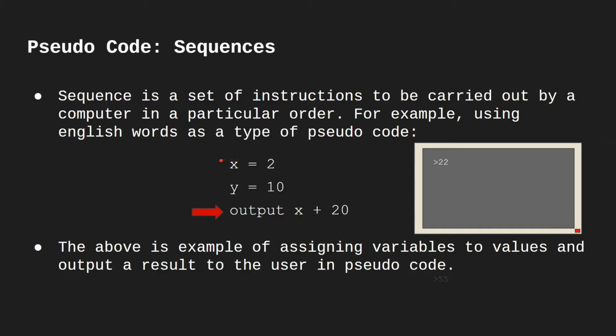Recall that since it went in sequence order, it first assigned the value 2 to x. Therefore, the output of x plus 20 is 2 plus 20, and that's why we see the value of 22 in our terminal here.